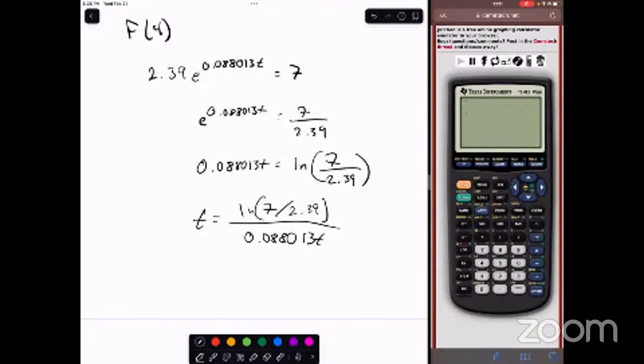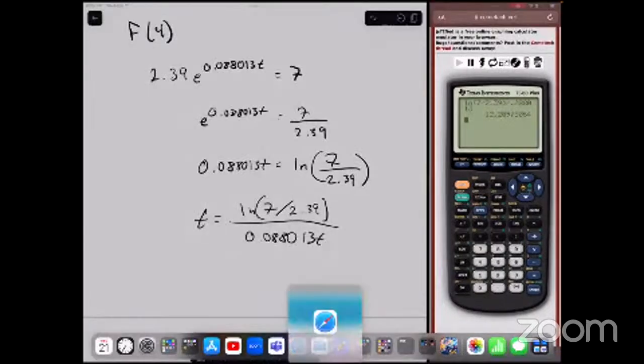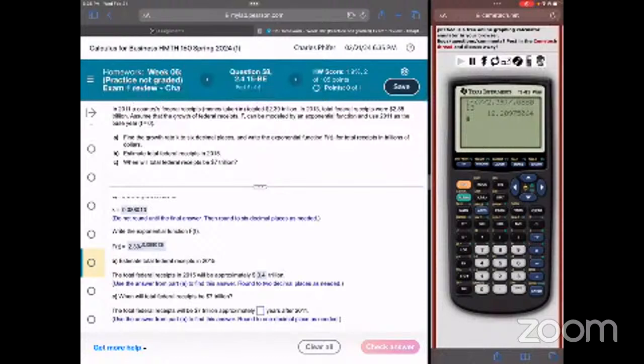Okay. We get this result. It says round to 1 decimal place. So 12.2 years after 2011. 12.2.